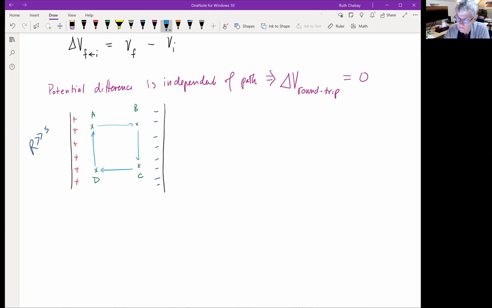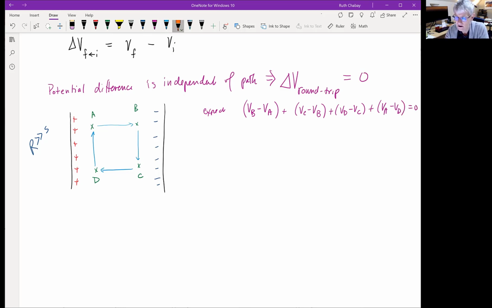So we'd expect this: VB minus VA, that's the first one, plus VC minus VB, that's the second step, plus VD minus VC, the third step, plus VA minus VD, that's the fourth step, to equal 0.